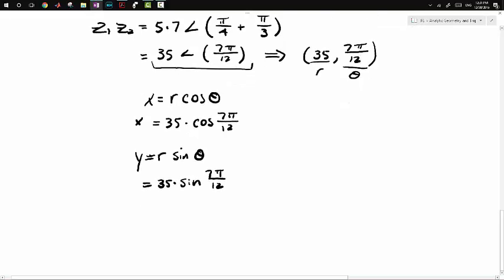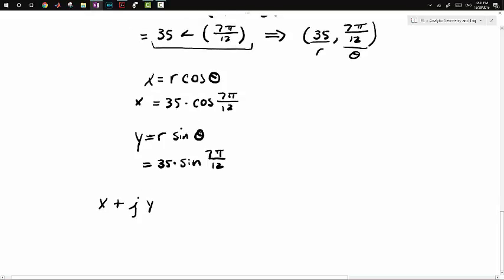And we know that our rectangular form for complex numbers is given as x plus jy. So if we just plug x and y into this equation, we have 35 cosine 7 pi over 12 plus j times 35 sine of 7 pi over 12.